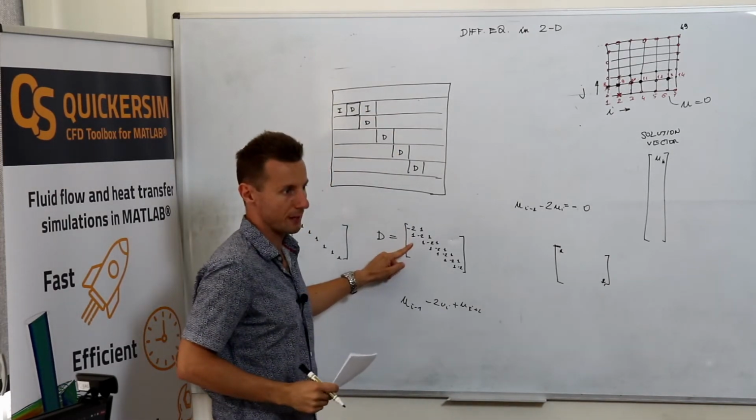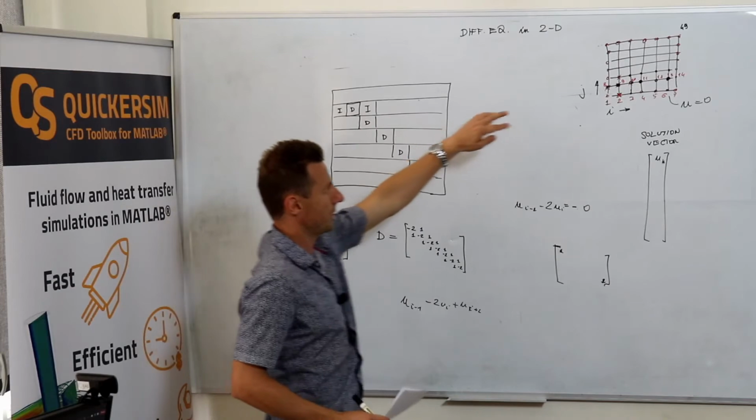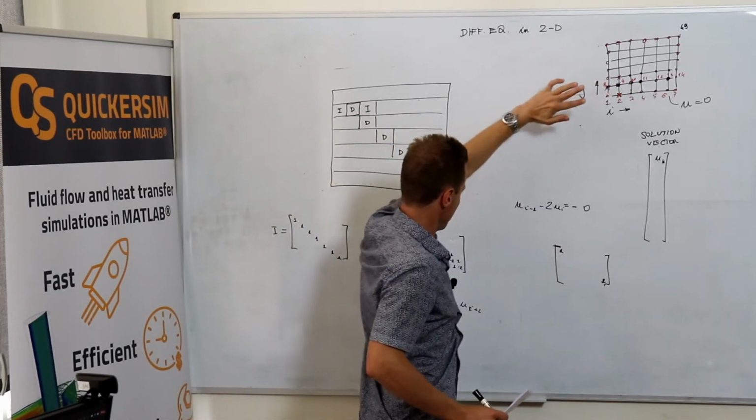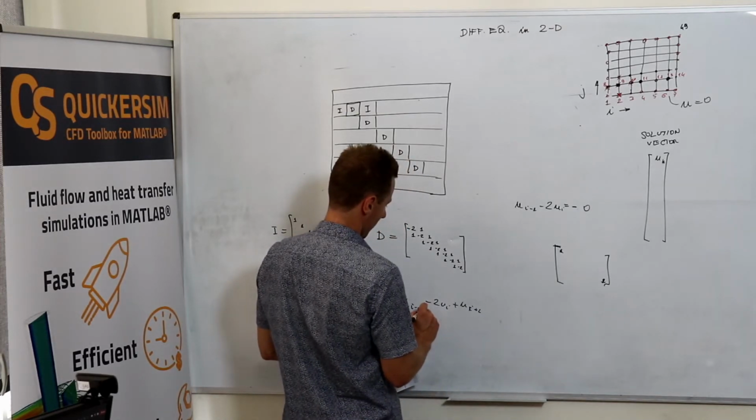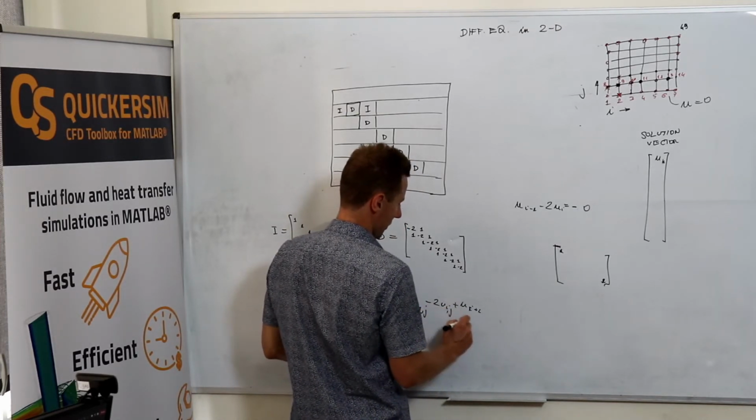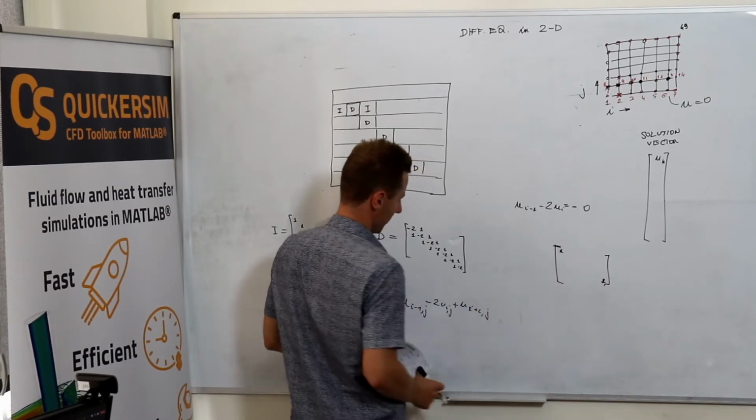Now, one small modification. That's u_{i,j}.